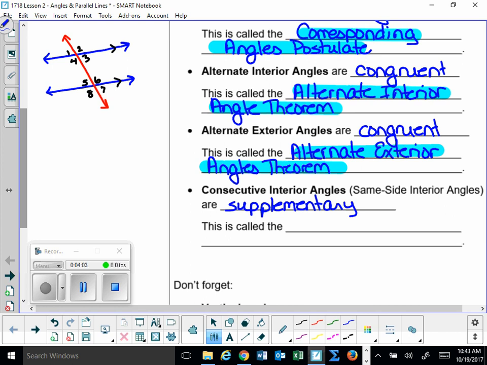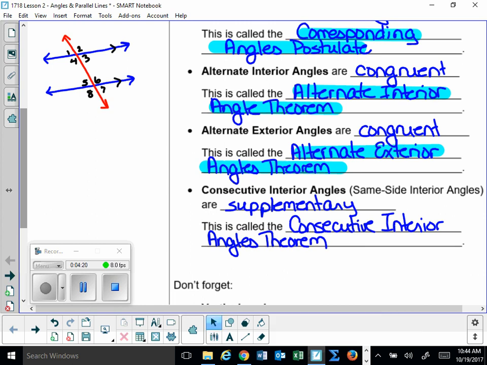And this is called the consecutive interior angles theorem. Again, as you make this note card, make sure you write the if-then statement. There is a consecutive exterior angles theorem, but we hardly ever use it. And it also says the angles are supplementary.